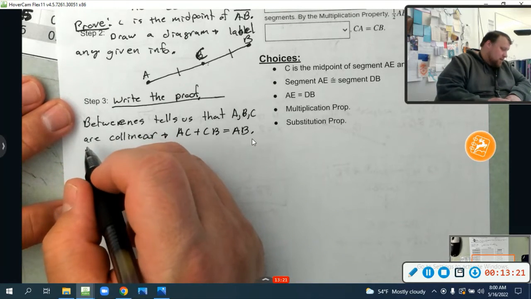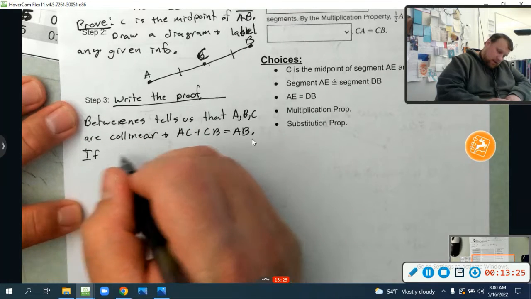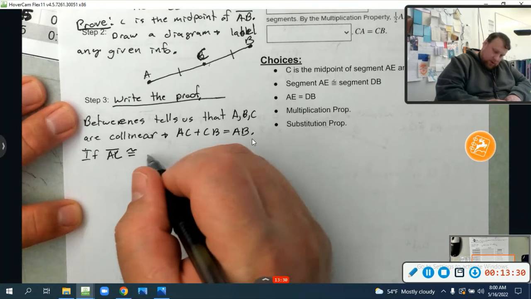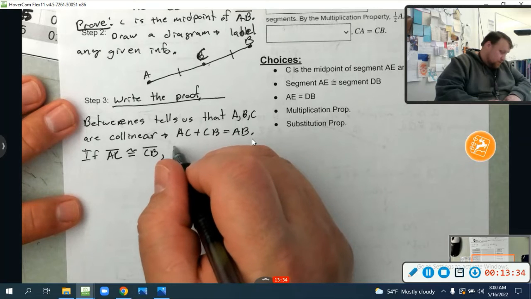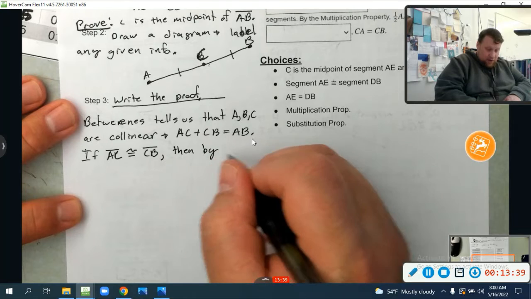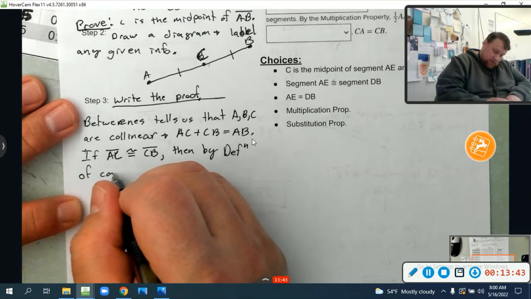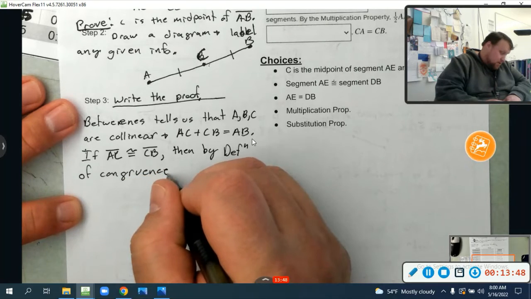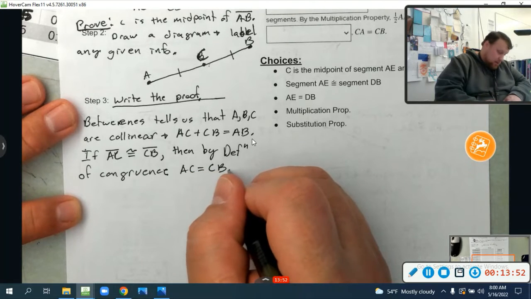If segment AC is congruent to segment CB, then by definition of congruence, AC equals CB.